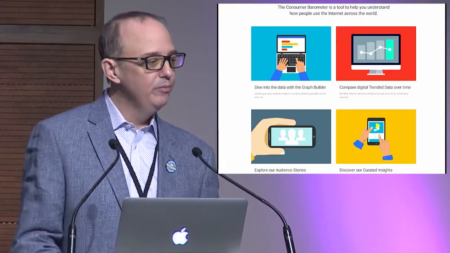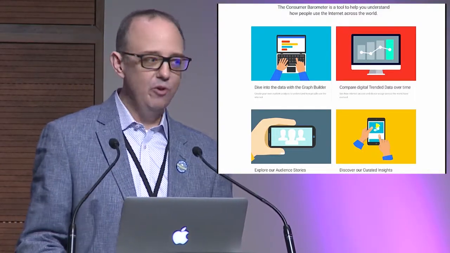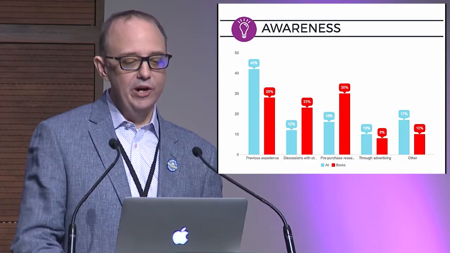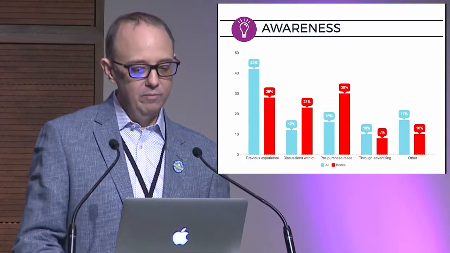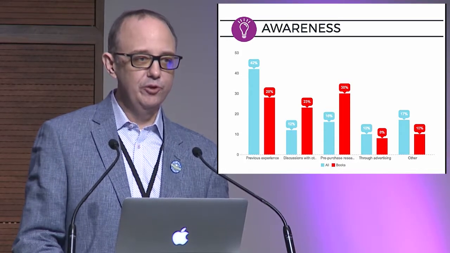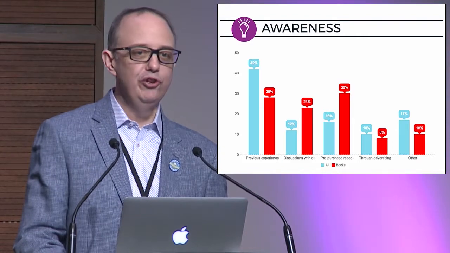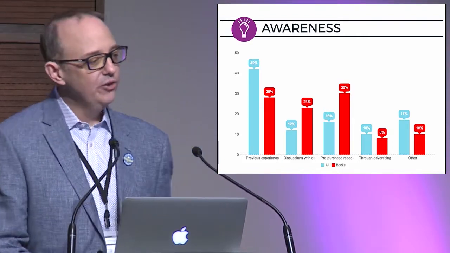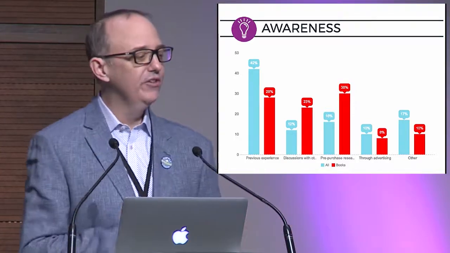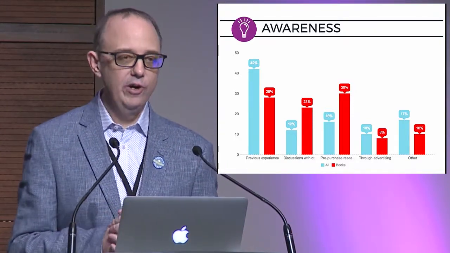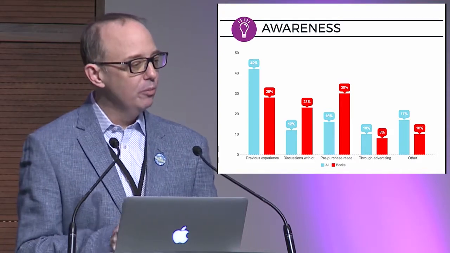So I was playing with it to look at awareness, because I'm always curious about awareness. How are book buyers becoming aware of the books they buy? So the blue line is from Google Barometer for Canada, and it's across all product categories. So they don't do just books, unfortunately, for Canada, but it's across all product categories, which still adds some context to the data. So the red line is actually just books from our panel. So I've taken all of our awareness and kind of grouped it into the same buckets as Google Barometer.